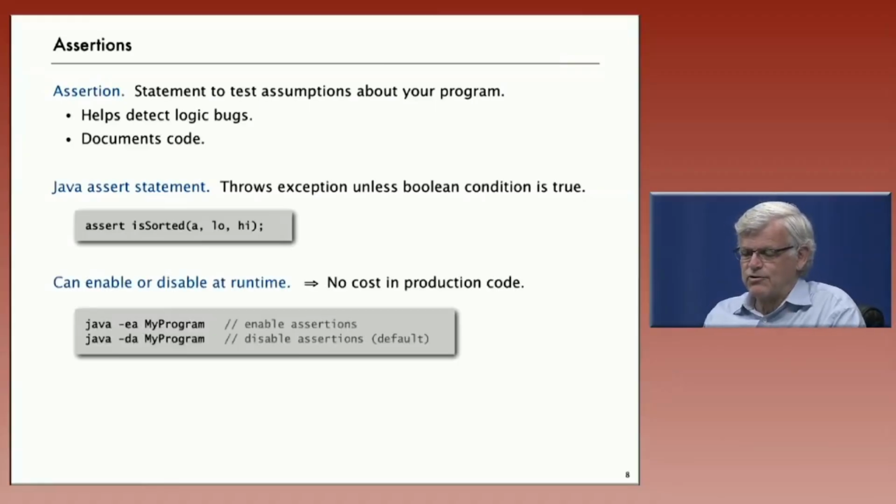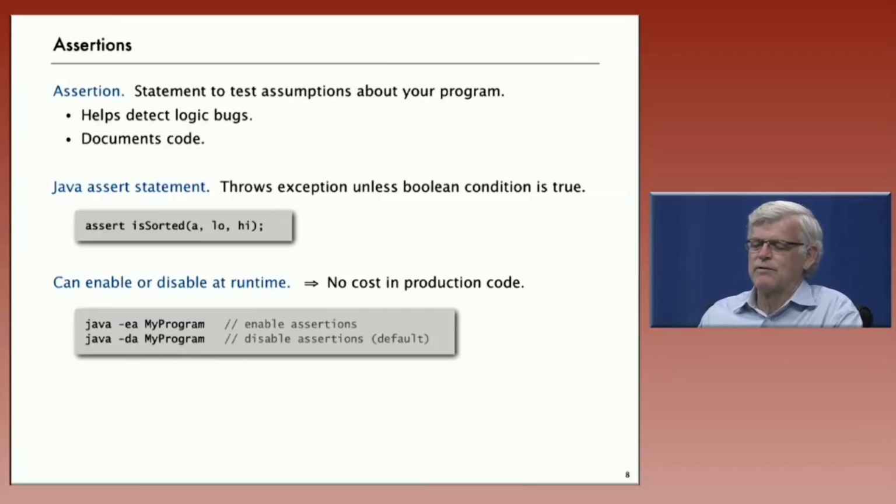Now the thing about assertions in Java is that you can enable or disable them at runtime. And that's really important because it means that you can put them into your code to check while developing, but it doesn't incur any extra costs at all in production code. So by default, assertions are disabled.